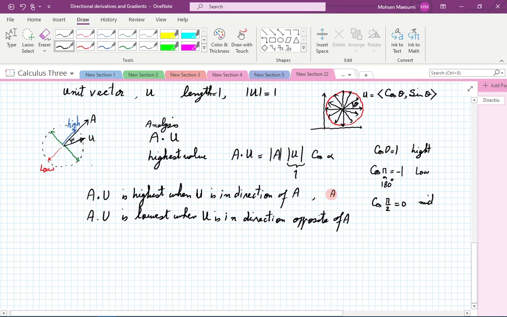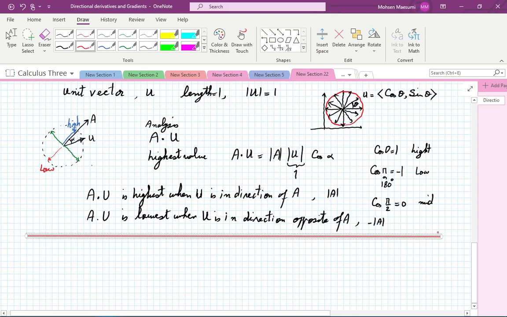It becomes the length of A. When the angle is pi, this product becomes minus the length of A, and at the middle we just have 0. Okay, so that was some basics of vectors that we are going to need for our discussion now, and let's move on.